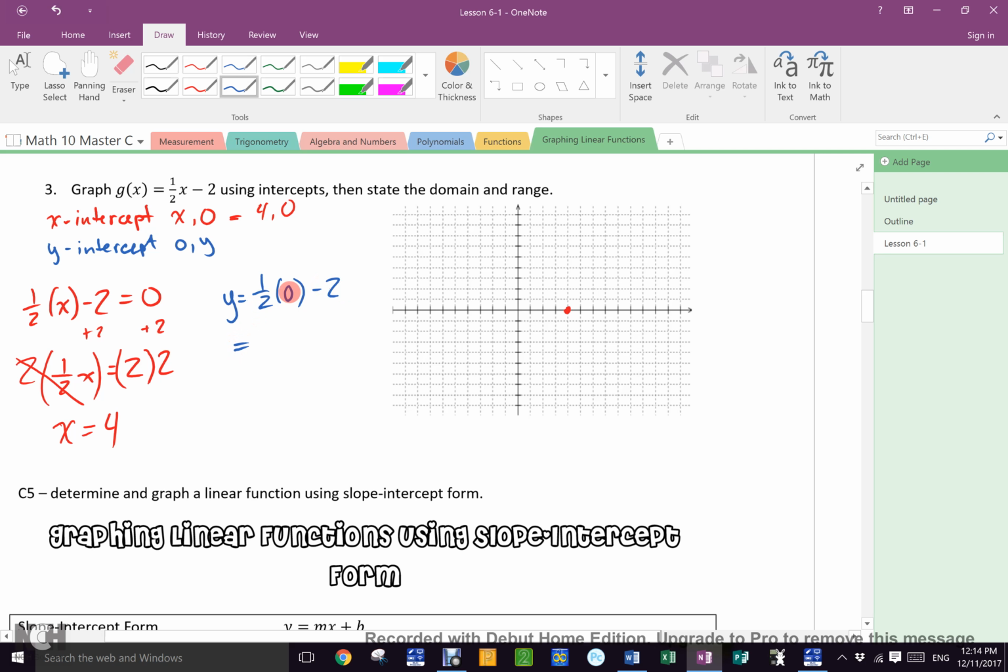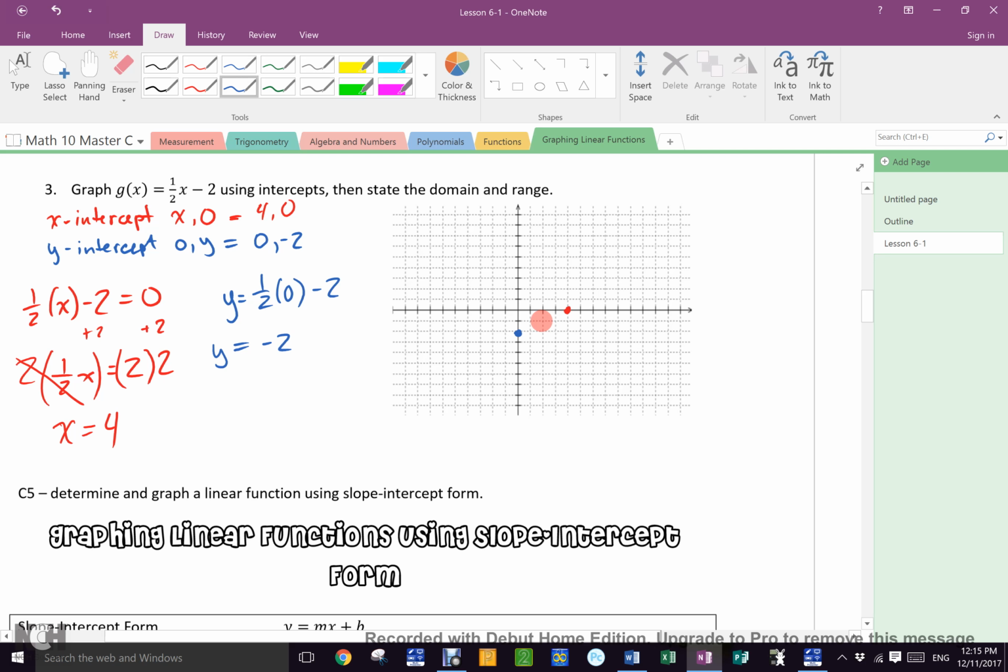What's 1/2 times 0? 0. What's 0 take away 2? -2. So y equals -2. What does that mean that y equals? So what's the y-intercept? Where do I put the dot? -2. And what can I do with that? Those two dots? Connect them.